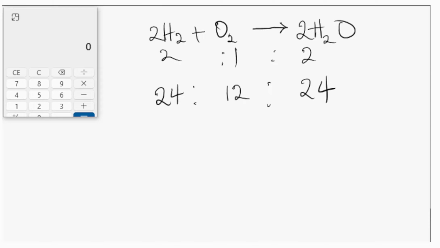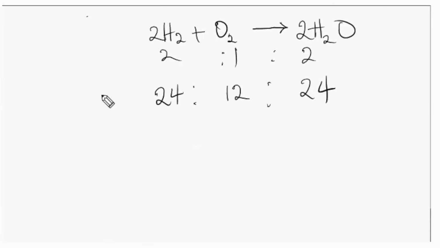But guys, in the question we have that 35 cm cube of hydrogen gas was sparkled with 12 cm cube of oxygen, which means that we have excess of hydrogen gas being sparkled.